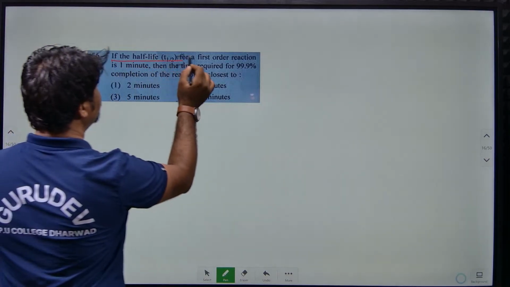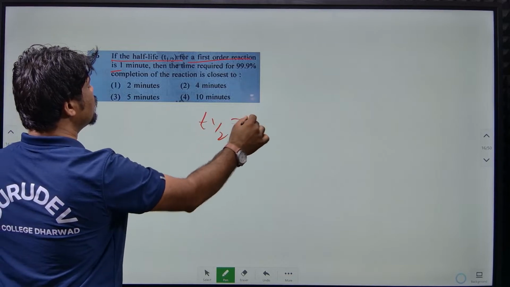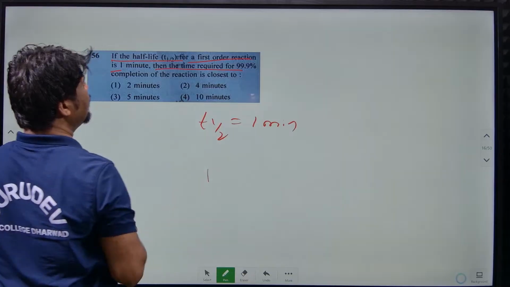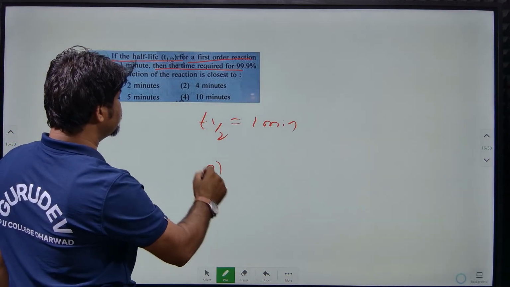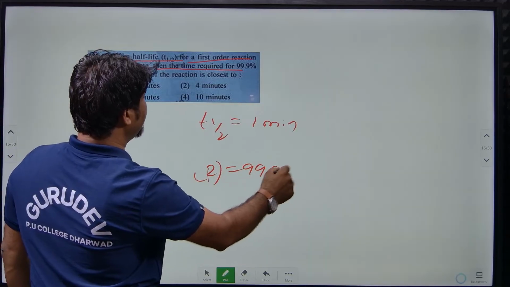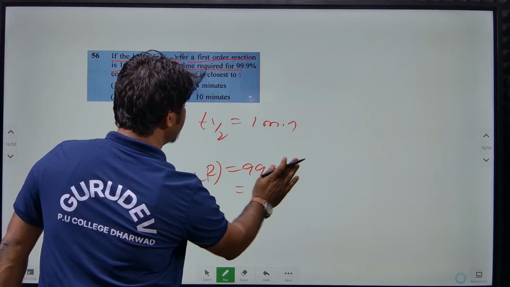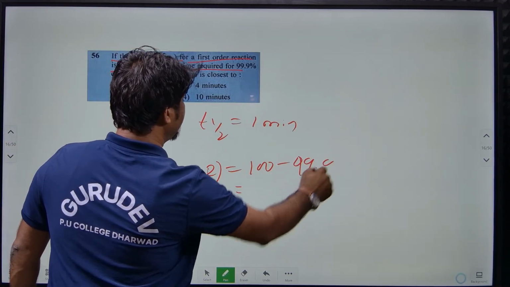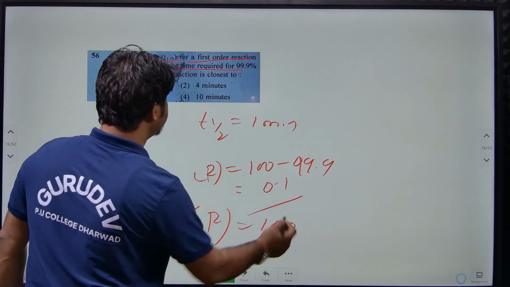The half-life for a first order reaction is 1 minute, they gave, that is t1/2 is equal to 1 minute. Next, the time required for 99.9% completion. What is the remaining? The remaining will be 100 minus 99.9, as 0.1, then R0 will become 100 here.